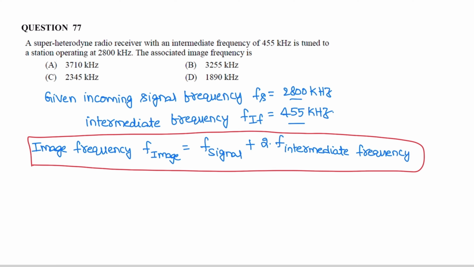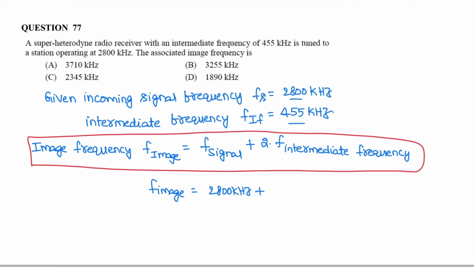Now the image frequency is equal to the signal frequency, that is 2800 kilohertz, plus 2 times 455 kilohertz.